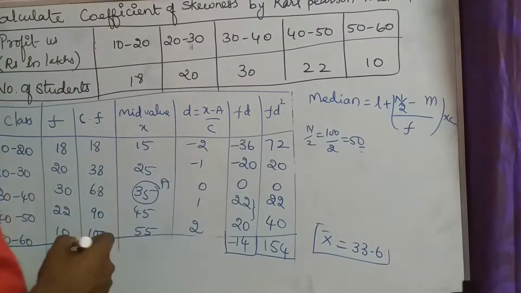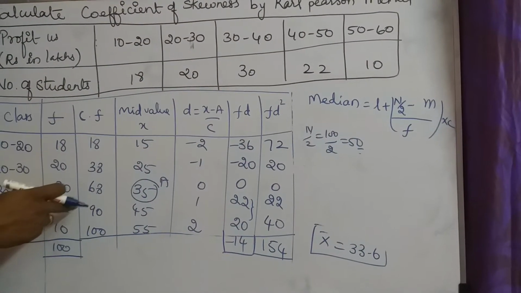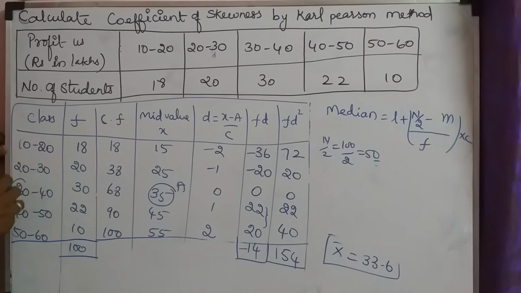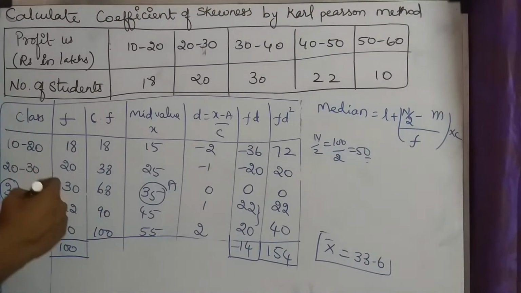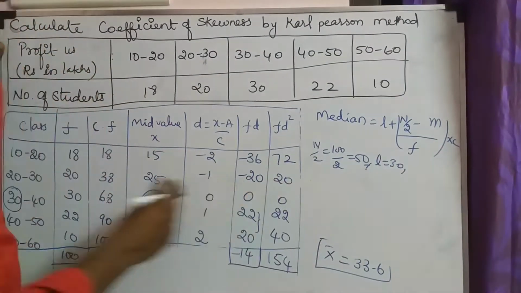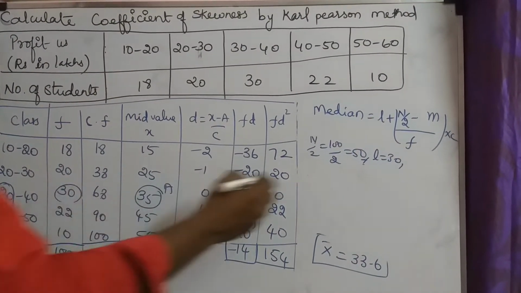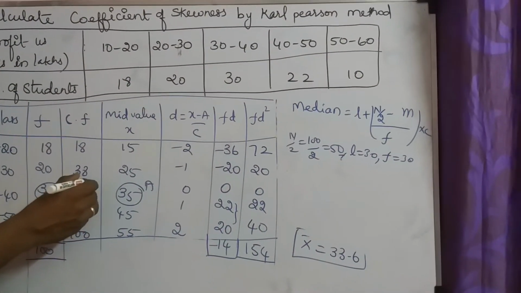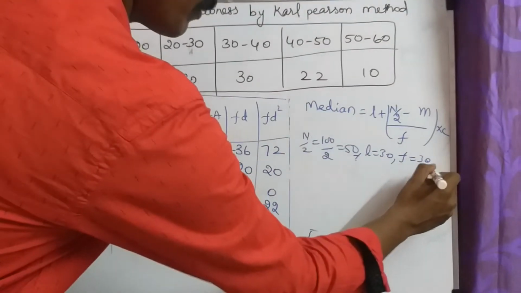Look for the 50 value in the cumulative frequency. The next higher value is 68, whose lower limit is 30, so L equals 30. The corresponding frequency F is 30. The previous cumulative frequency before 68 is 38, therefore m is 38.